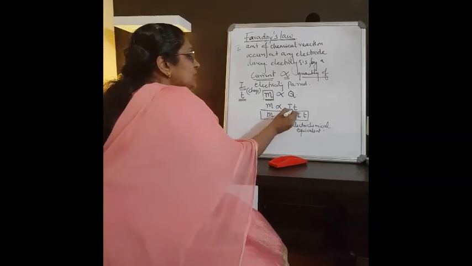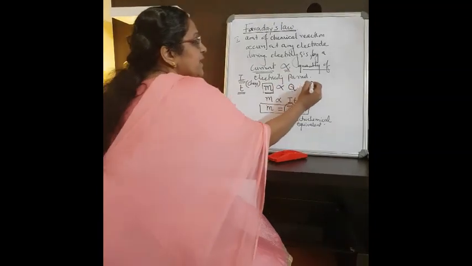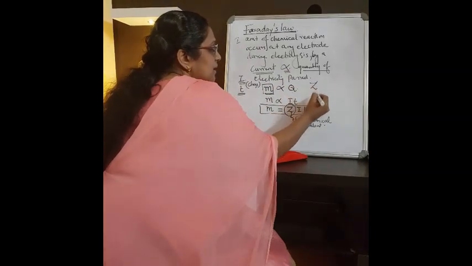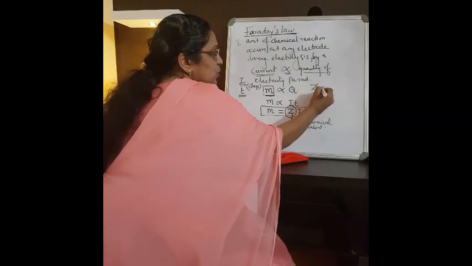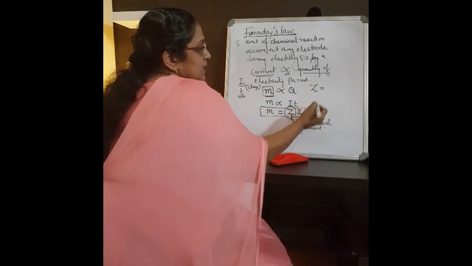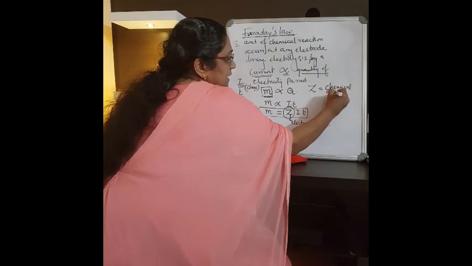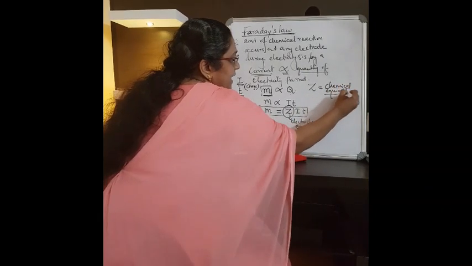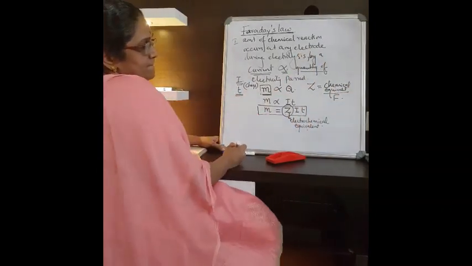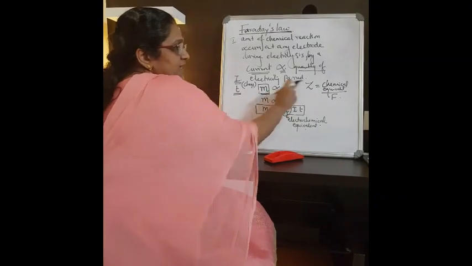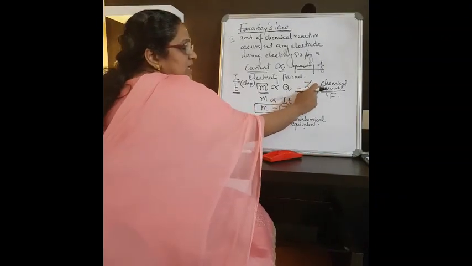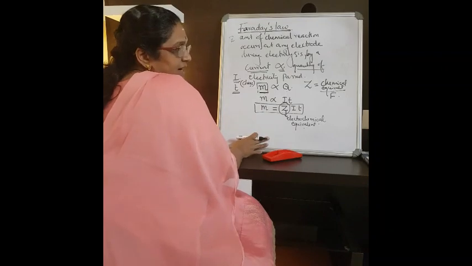Now, if you want to calculate Z, how will you calculate Z? Electrochemical equivalent Z is equal to chemical equivalent by Faraday. This is how you calculate Z. Z is equal to chemical equivalent by Faraday.